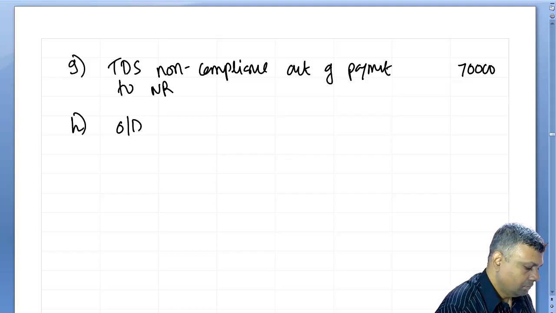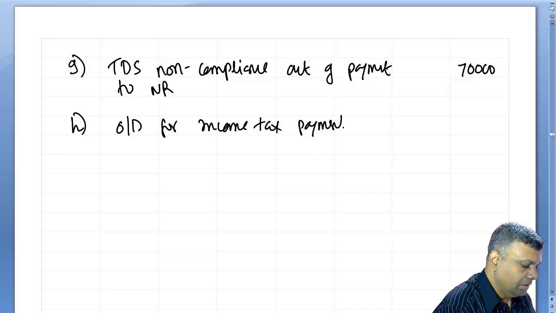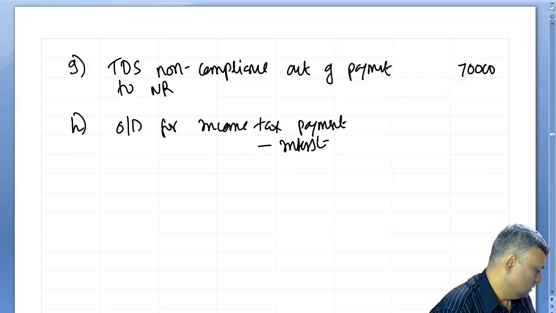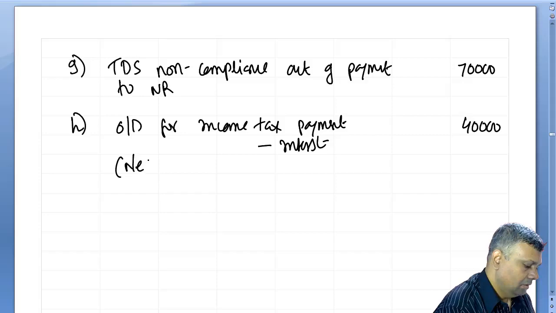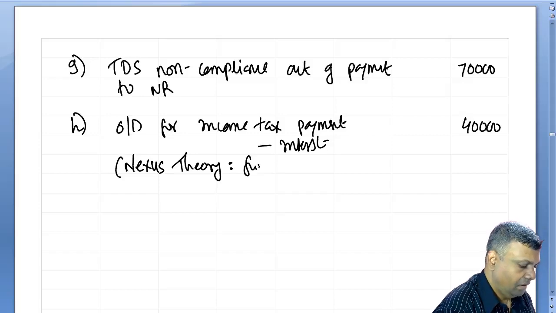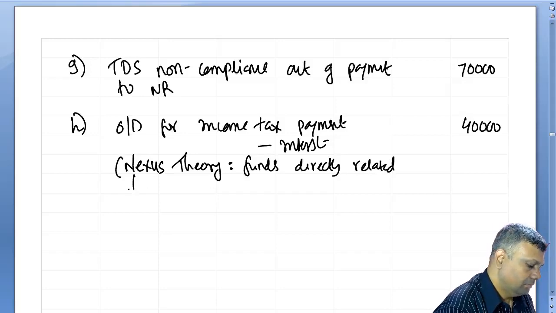H, overdraft for income tax payments, on that interest, 40,000 add. Nexus theory: funds directly related to the tax payments.